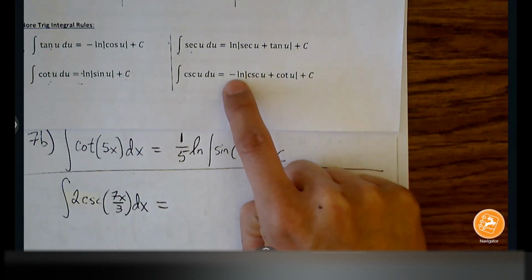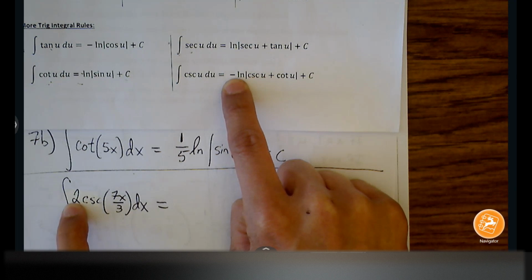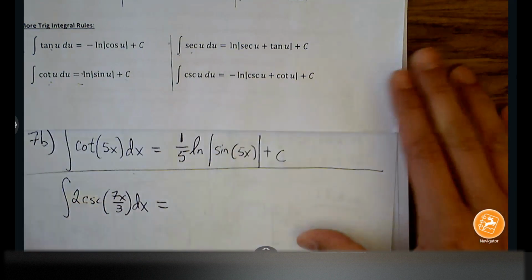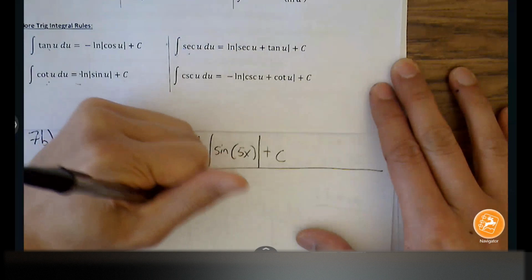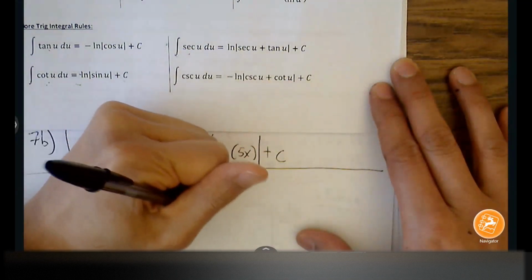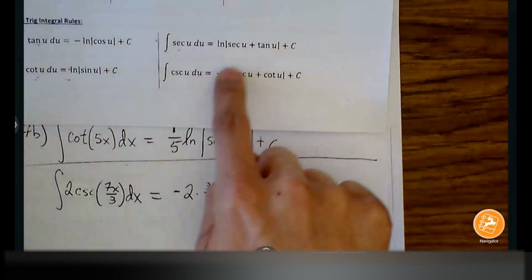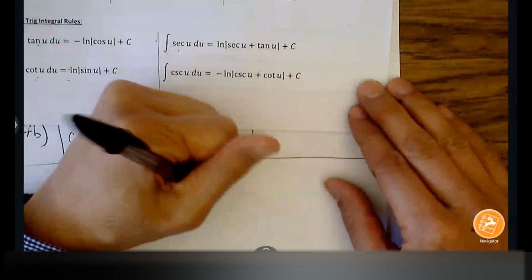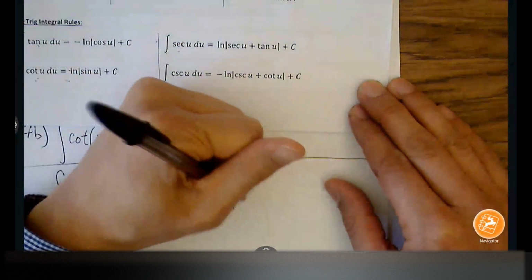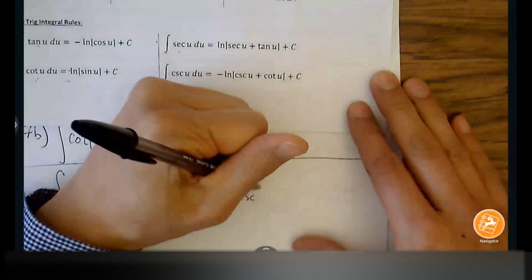So, all right, I'm just going to follow the rule here. I see a negative. The 2 is going to have to be part of my answer. That 2 is not going to have any impact except for the fact that it's going to have to tag along to the answer. So let me just start off with this. I'll put a -2 to begin with. You know that 7/3 is going to produce us 3/7. So those are all the numbers that we've got to keep track of, right? After that, we can jump directly into the rule. So natural log of cosecant of u. I know my u value is 7x/3, so I can just copy that.